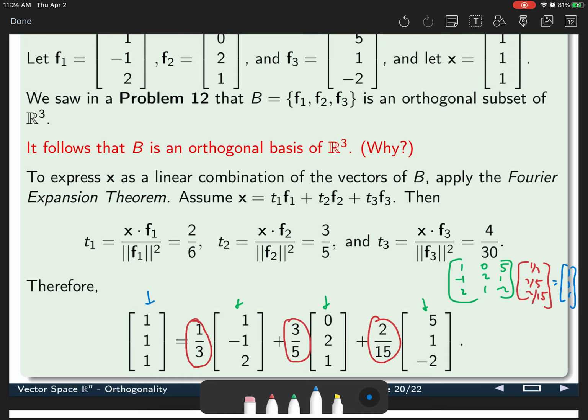Right now, the red pieces is what I would call a coordinate vector based on our basis B. A coordinate vector, here let's say, for our basis B. When you multiply that coordinate vector on the left by a matrix full of the basis vectors, and those basis vectors are in B, you do that multiplication, you get the coordinate vector in the standard basis. Standard basis coordinate vector.